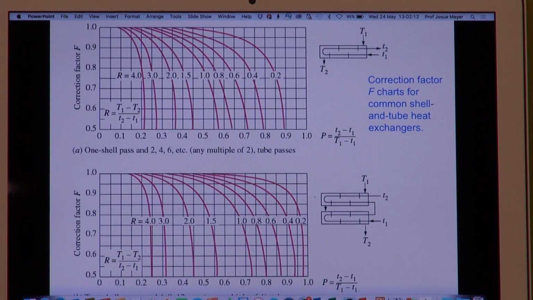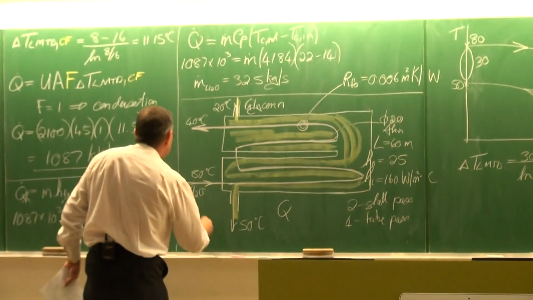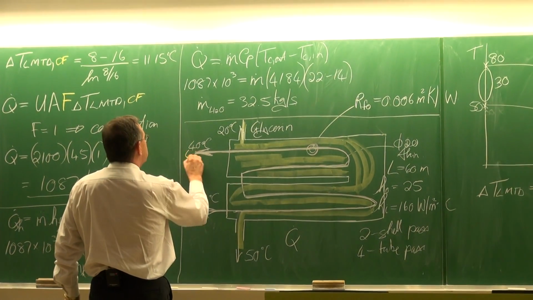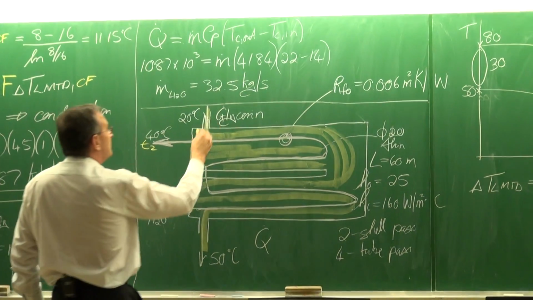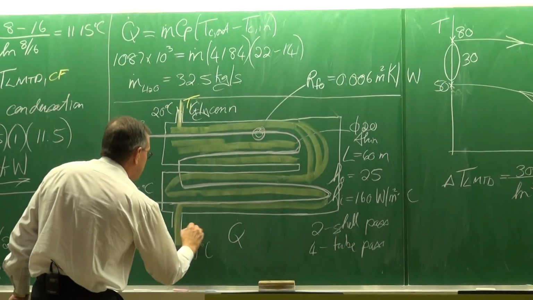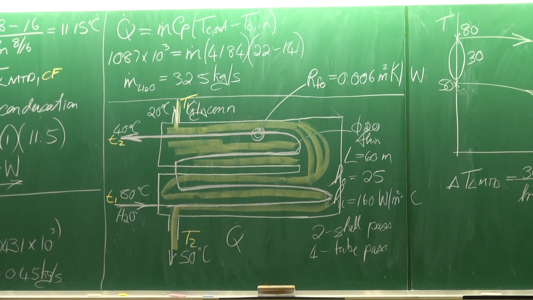You can see the capital T's is for the shell, and the small t's is for the inner tube. So that is T1 and that is T2. Do you agree? And that must be capital T1 and that is capital T2, like that. You just need to align your physical problem with the sketch.